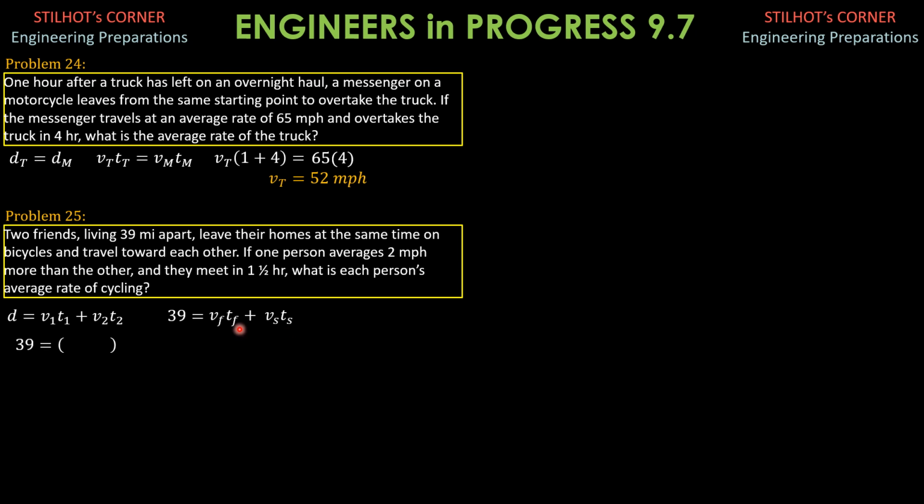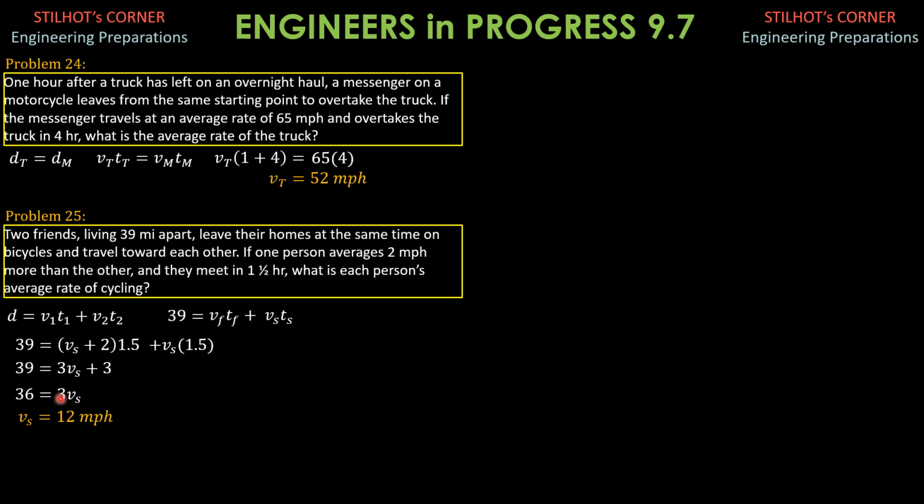So the speed of the faster friend is speed of the slower plus 2, because it is mentioned here. Travel time 1.5, then plus V sub S times 1.5, speed of the slower times 1.5. Simplifying, 39 equals 3 V sub S plus 3. So 39 minus 3 is 36, equals 3 V sub S. Therefore, the rate of the slower friend is 36 over 3, or 12 miles per hour.